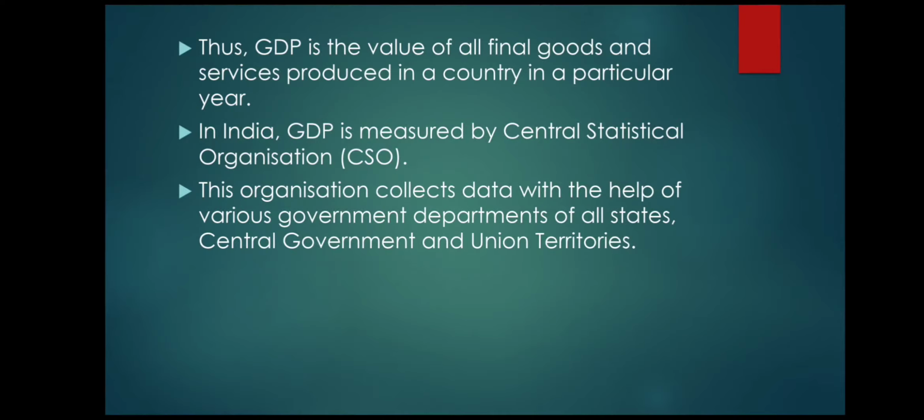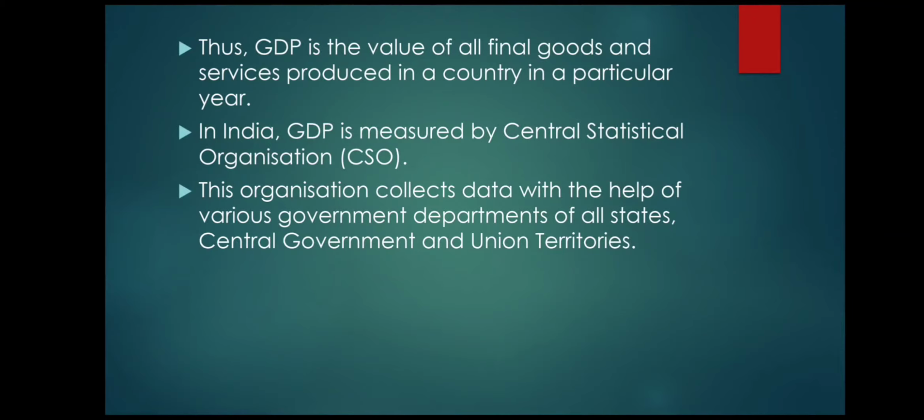In India, GDP is measured by the Central Statistical Organization, CSO. This organization collects data with the help of various government departments of all states, the central government and union territories.